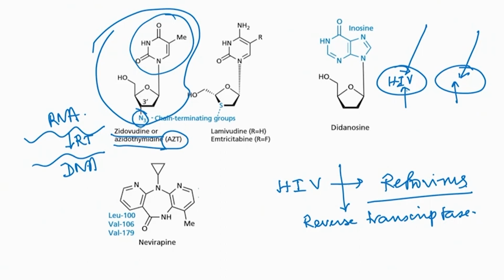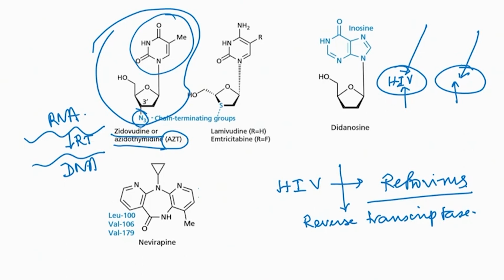Apparently it seems that it would not be very specific, because if the triphosphorylation is done by the host kinase, then AZT will be converted into the triphosphate in the normal cell as well as in the HIV infected cell. But fortunately, the triphosphate made out of AZT has much higher affinity for the reverse transcriptase than for the other polymerase enzymes that are present in the host. I hope this is clear. Here first of all, there is a difference in mechanism. The phosphorylation is done by the host kinase.